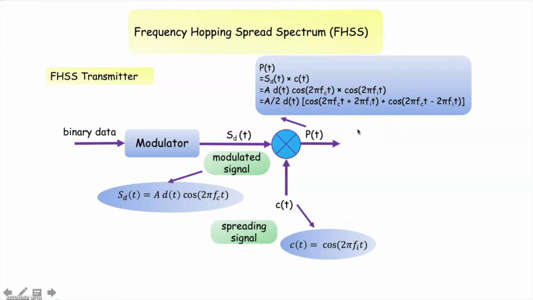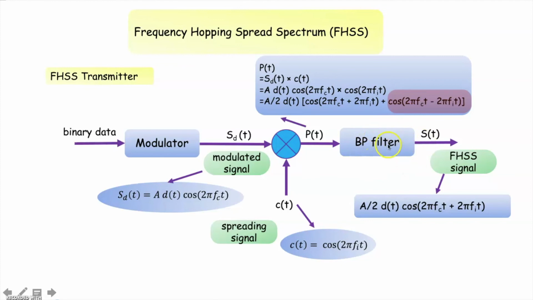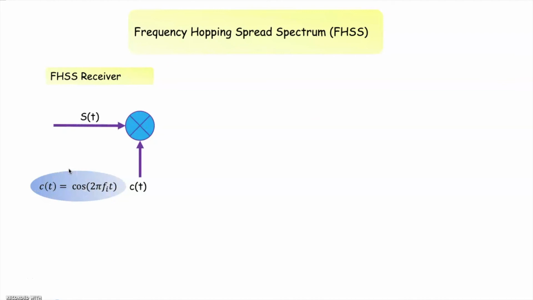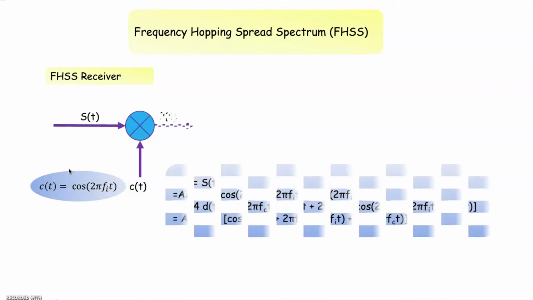Now, a bandpass filter is used to block this part of the frequency. So thus, the output of the bandpass filter is considered as the FHSS signal, which will be transmitted using an antenna. In the receiver side, the received signal is multiplied with the same spreading signal.